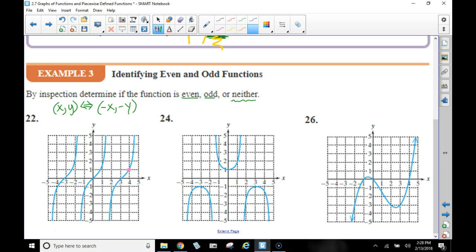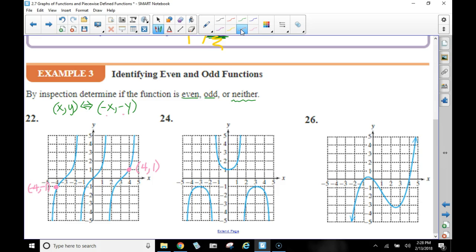Look at this point right here, a pretty easy one to pick out because it crosses at a nice spot: the point 4, 1. If this is symmetric about the origin, then negative 4, negative 1 must also be on our graph, and it is. We replaced x with negative x and y with negative y.